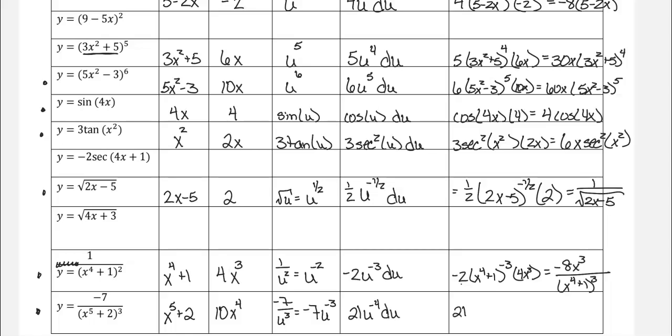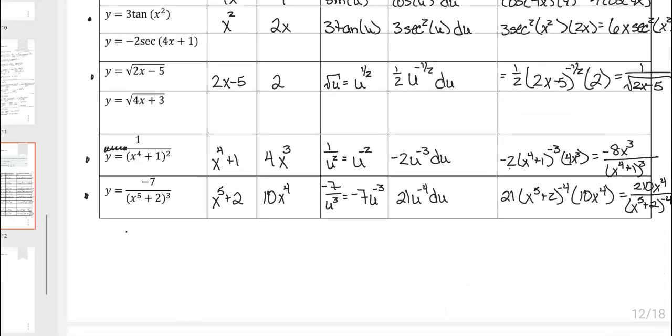And then we're going to substitute in. And then I'm going to clean that up. So this is 21 times 10 is 210 x to the 4th all over x to the 5th plus 2 to the negative 4.